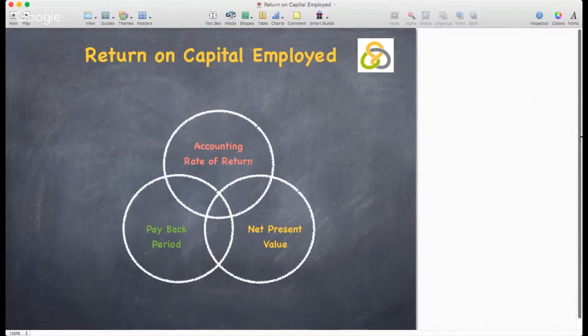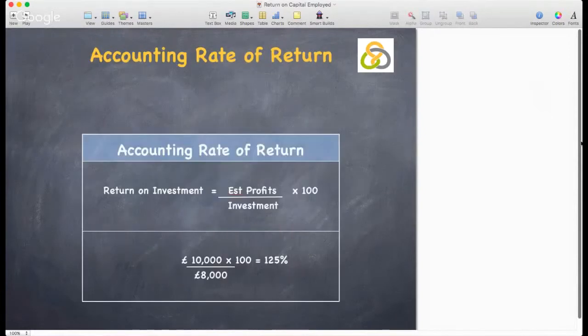So moving on now to the accounting rate of return. What does that look like? A capital investment project may be assessed by calculating the return on investment, or the accounting rate of return, and comparing it with a predetermined target level. A formula for accounting rate of return, which is common in practice, is the estimated profits divided by the investment, multiplied by 100 to give you a percentage.